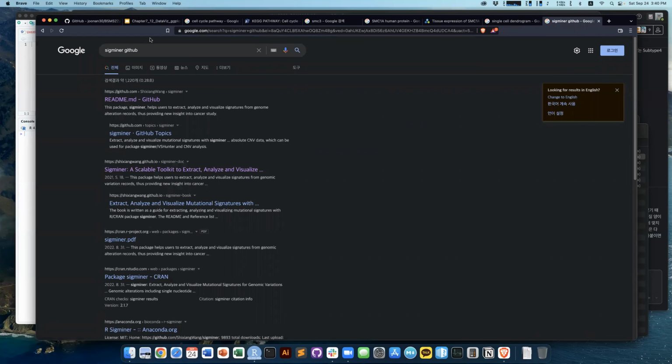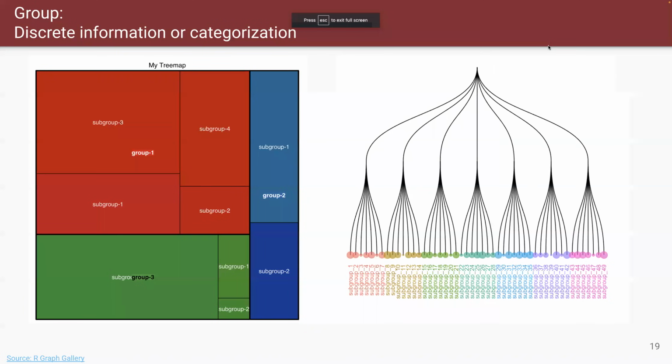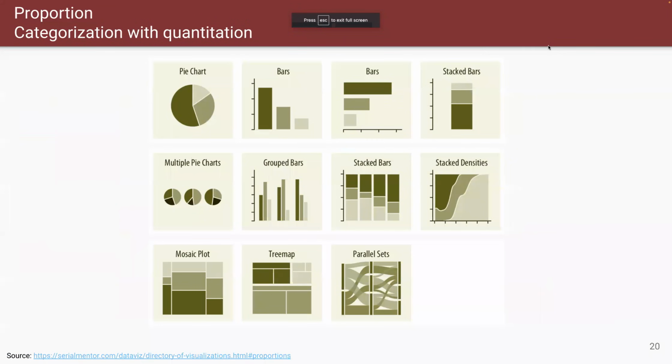Okay, so that was a bit of TMI when we explained the hierarchical relationship. Okay, so let's go further. So we can also represent the relationship using the proportion, because much of the information we are dealing with is quantitation.